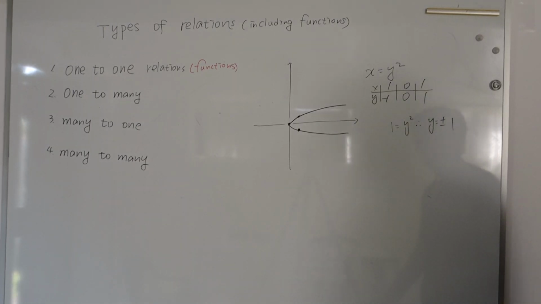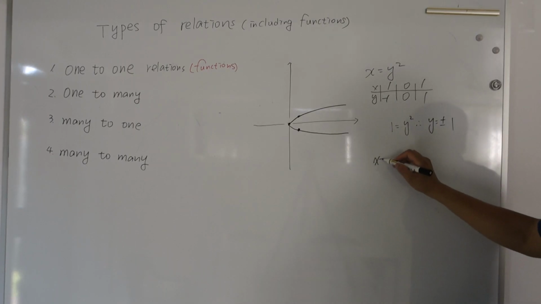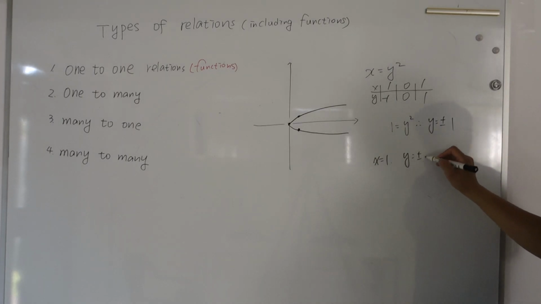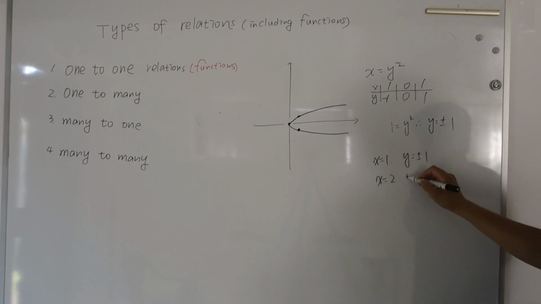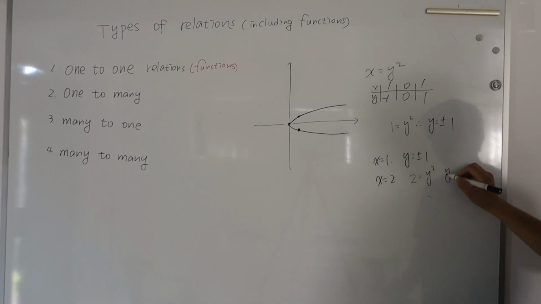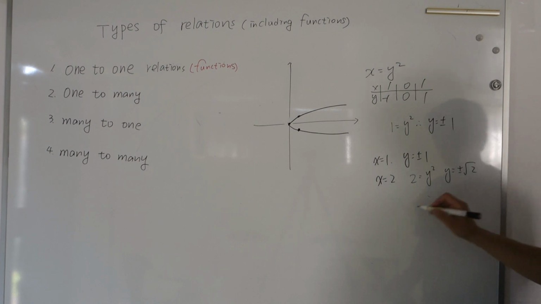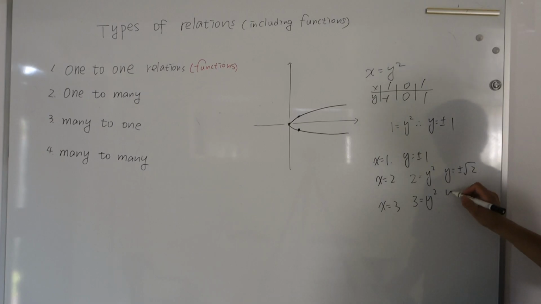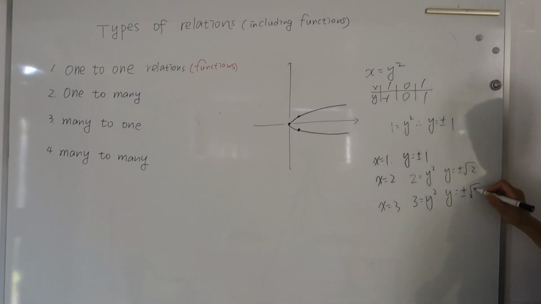Do you find out for these questions, when x equal to 1, y equal to positive or negative 1? When x equal to 2, y equal to what? 2 equal to y squared, so y equal to positive or negative square root 2. When x equal to 3, 3 equal to y squared, so y equal to positive and negative square root 3, right?